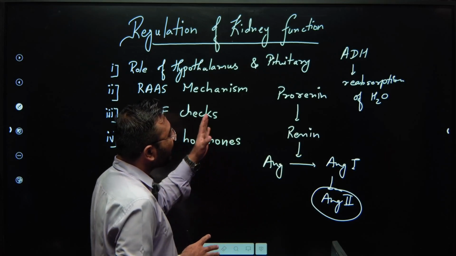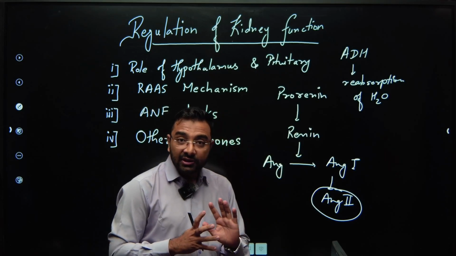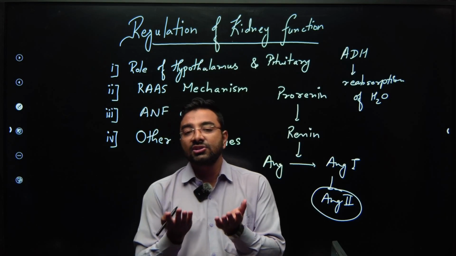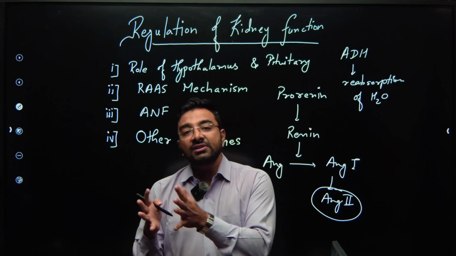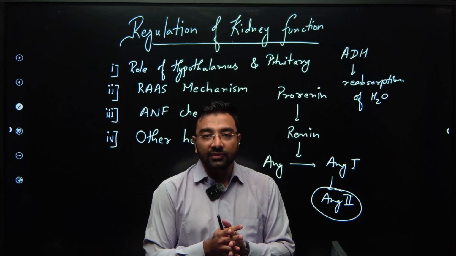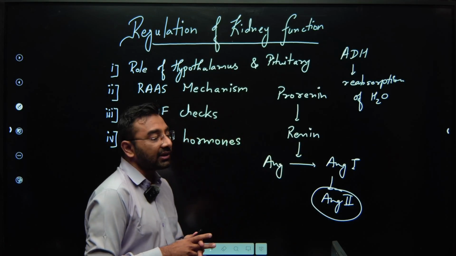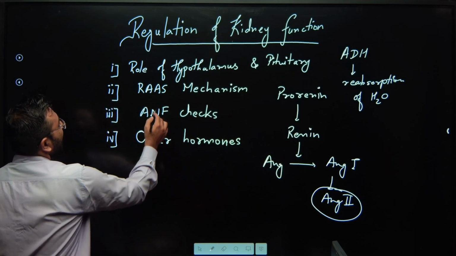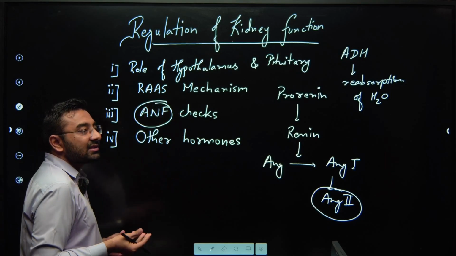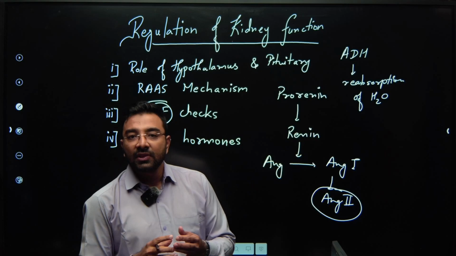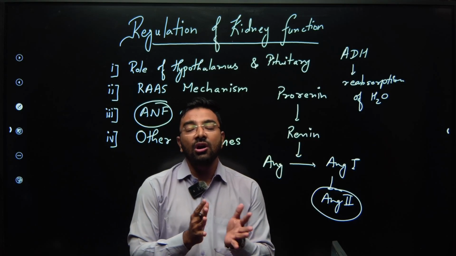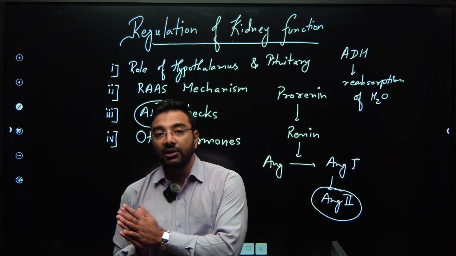Overall, the effect of ADH and angiotensin 2 is such that there is a large increase in blood pressure and generalized vasoconstriction evolved. In response to that, the atrial cells or the myocardium around the atria release the atrial natriuretic factor or atrial natriuretic polypeptide.